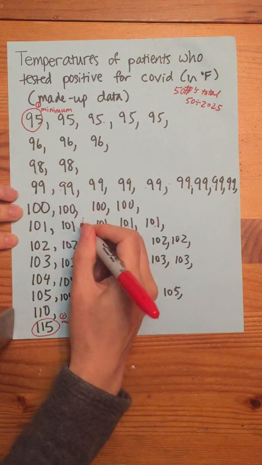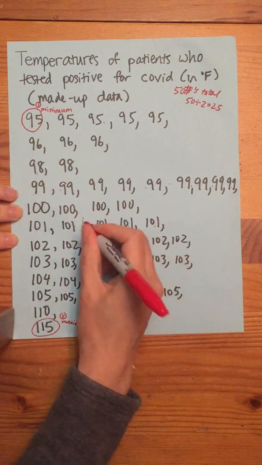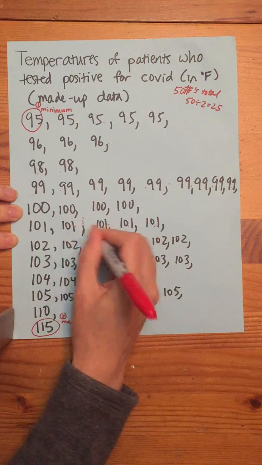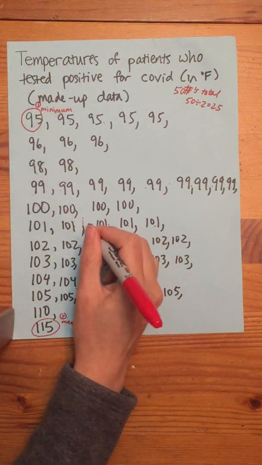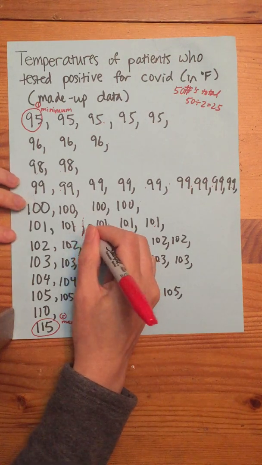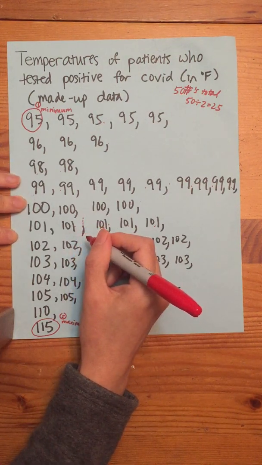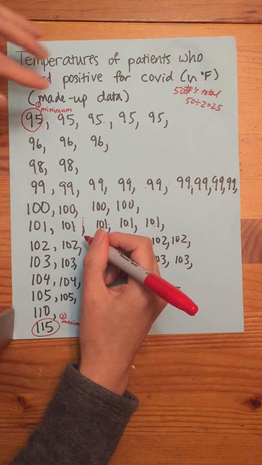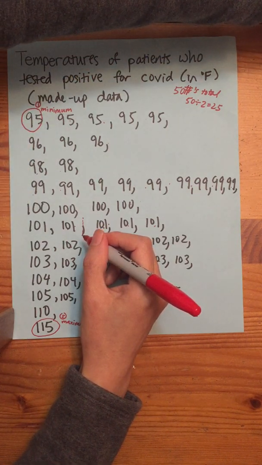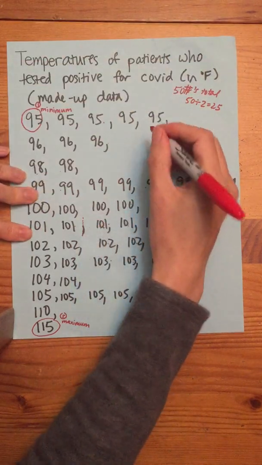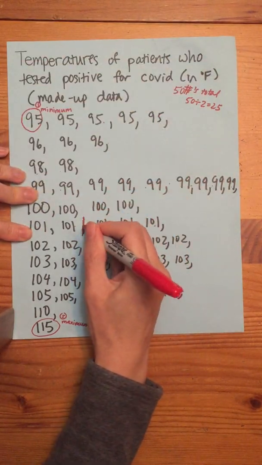So that means that the 50th percentile is between 101 and 101, which is just what's halfway between 101 and 101, it's just 101. So the 50th percentile number, or the middle number, is 101. So we call that the median, okay? That's going to be an important number, so I'm going to write that down right here.